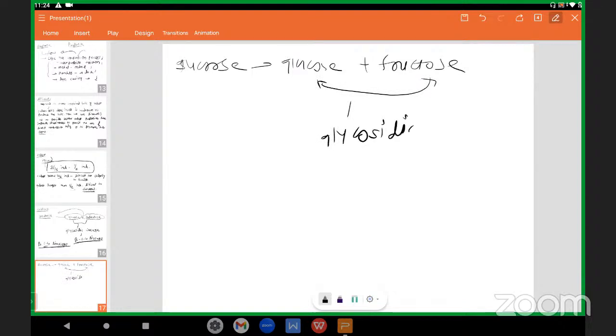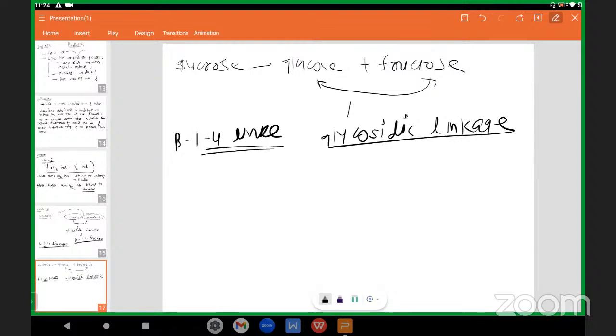But which linkage is there? Like lactose shows the beta 1,4 linkage, similarly what is the linkage in sucrose? Write it down. It is alpha 1,2 linkage. This is a very important point.